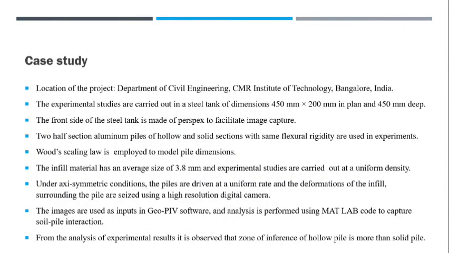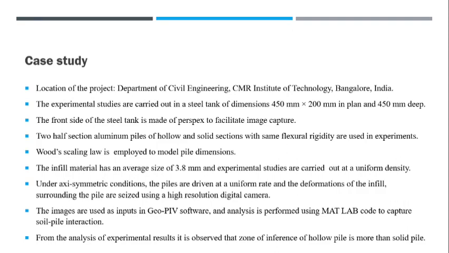Move to next slide. Here is the case study of the particle image velocimetry. The location of the project was the Department of Civil Engineering, CMR Institute of Technology, Bangalore in India. The experimental studies are carried out in a steel tank of dimension 450 mm by 200 mm in plan and 450 mm deep.